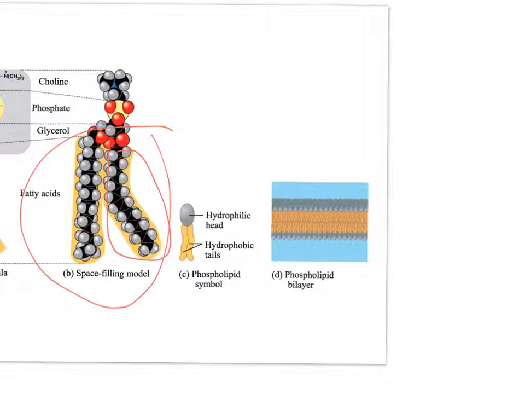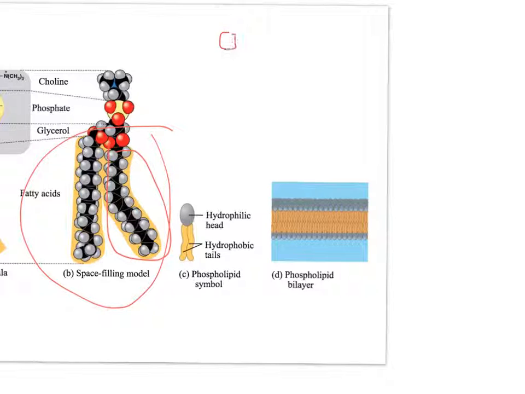The unsaturated fatty acids that are attached to phospholipids prevent the phospholipids from becoming too dense in one area, becoming too packed together. I'll draw it out like this.